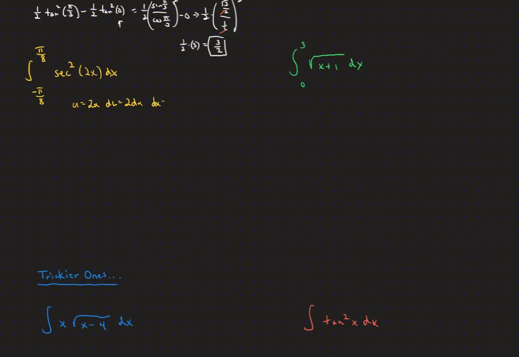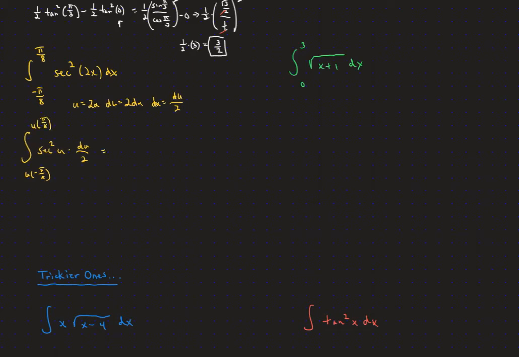So the dx is going to equal du over 2. We're going to make this the integral of secant squared of u, and we'll get du over 2 for that dx. We're going to change our limits to u of negative pi over 8 and u of pi over 8.